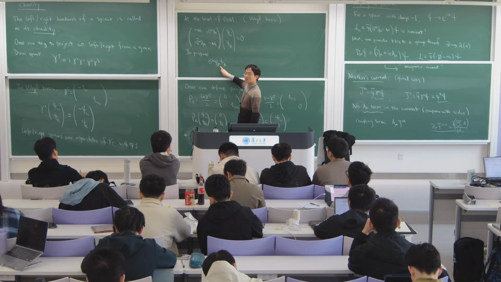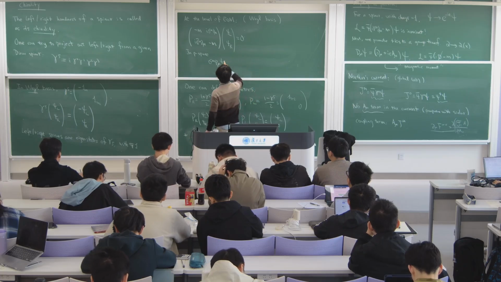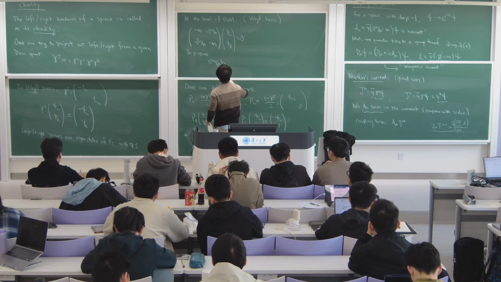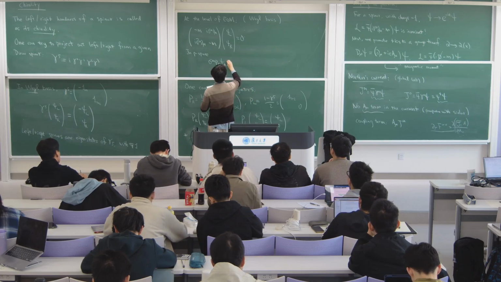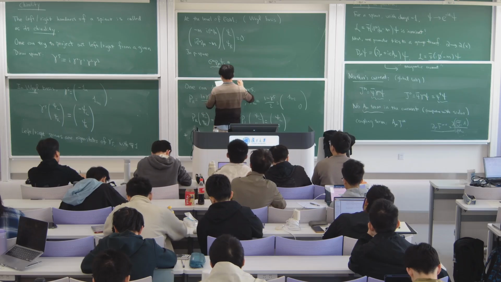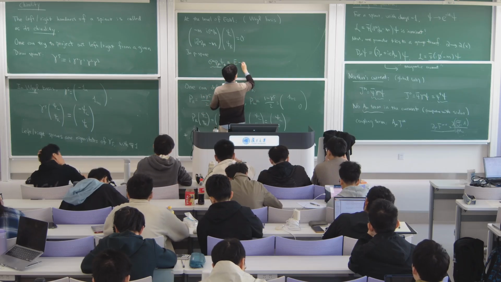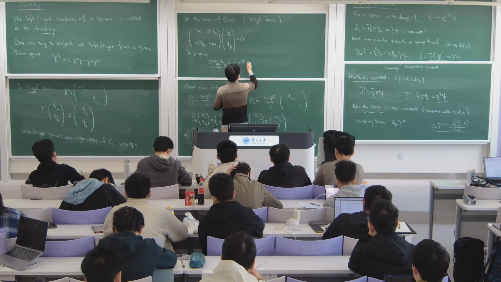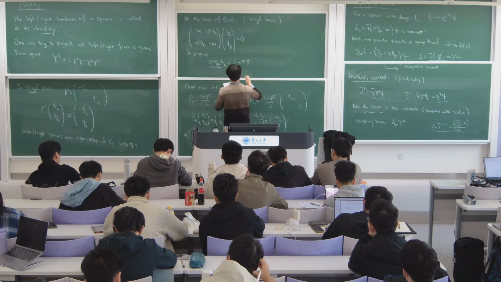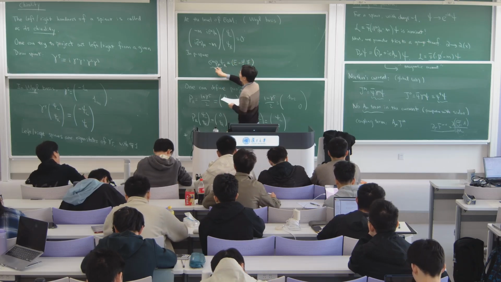Okay, so I switch to momentum space. This acting on the psi r, as you can see, if I write this explicitly, is nothing but energy minus sigma vector dot the physical momentum P.